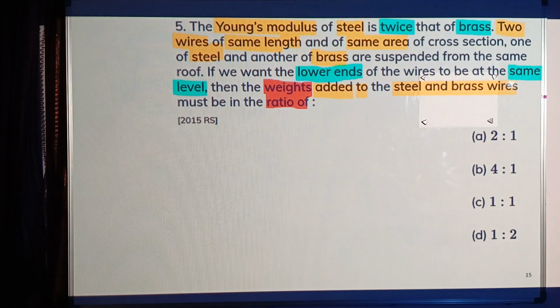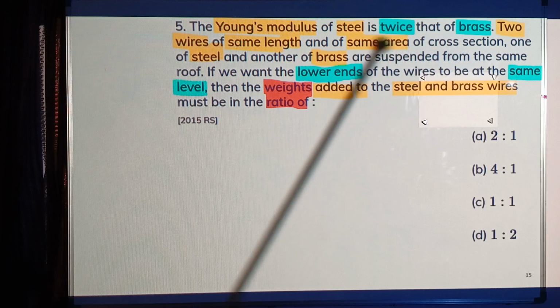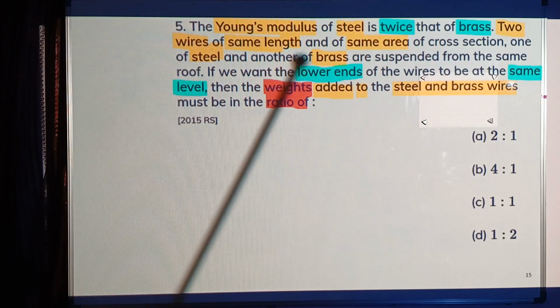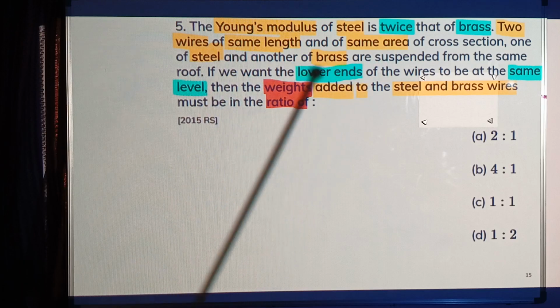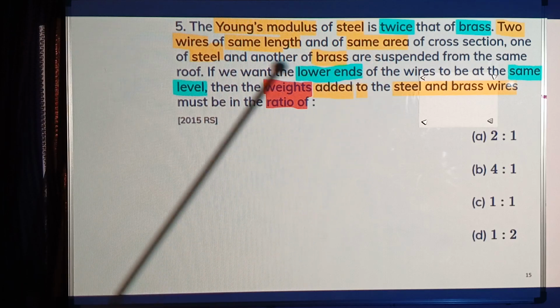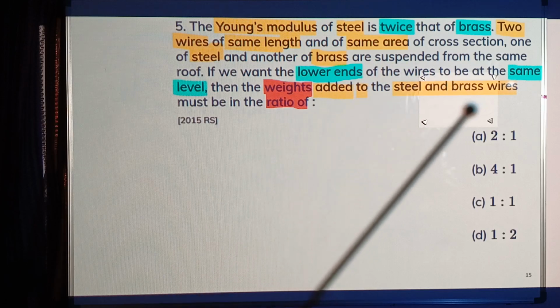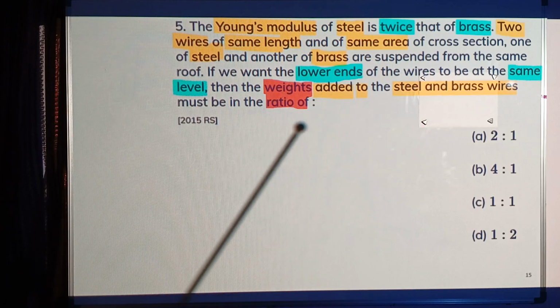This is the next question. The Young's modulus of steel wire is twice that of brass. Two wires of same length and same cross-section area, one of steel and another of brass, is suspended from same roof. If you want the lower ends of the wire to be at the same level, then the weights added to steel and brass wires must be in the ratio.